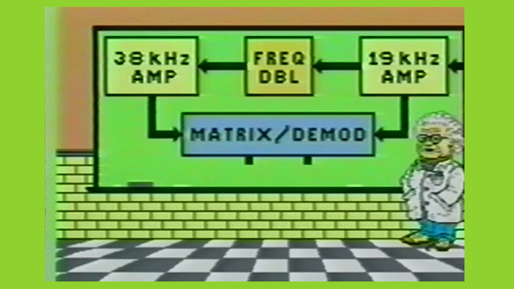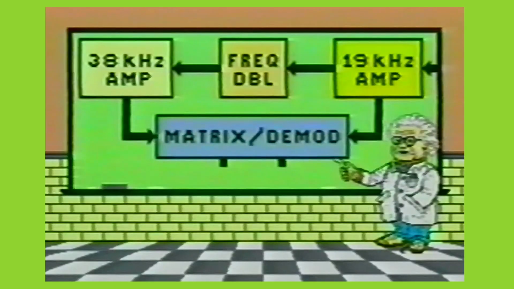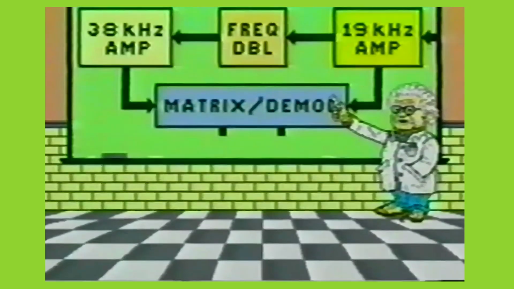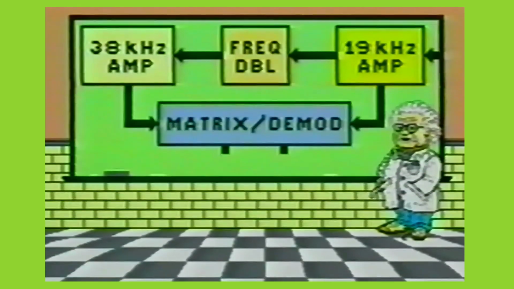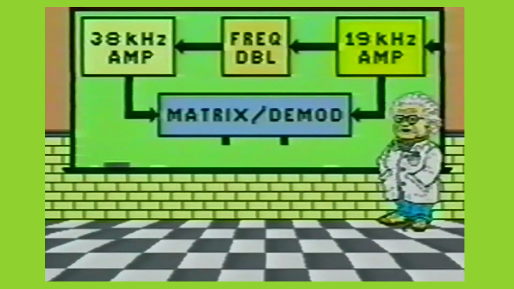The 19 kHz amplifier basically amplifies the L plus R, the 19 kHz pilot tone, and the L minus R signals, while filtering out any SCA signal and 76 kHz fourth harmonic which may be present.